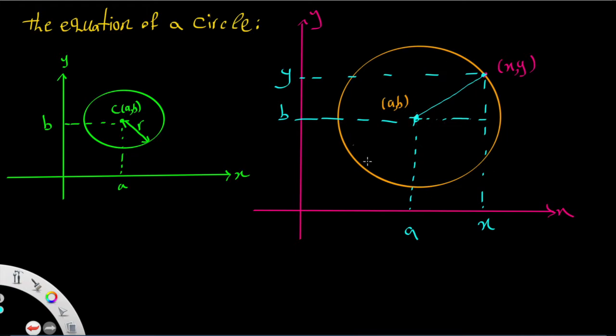All these points are equidistant from the center, and this distance is R.